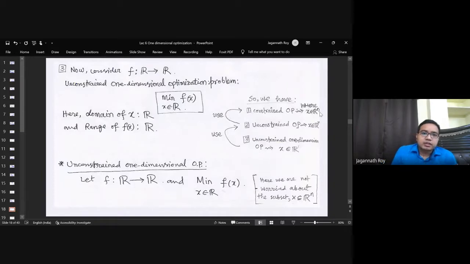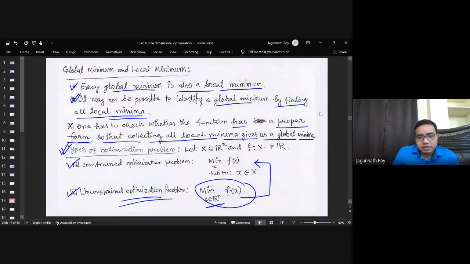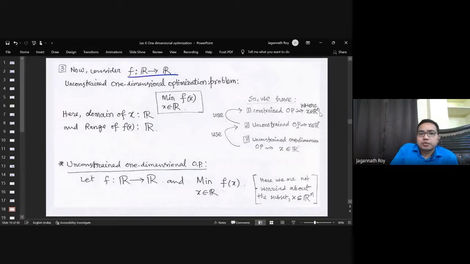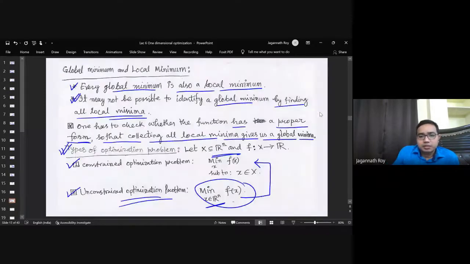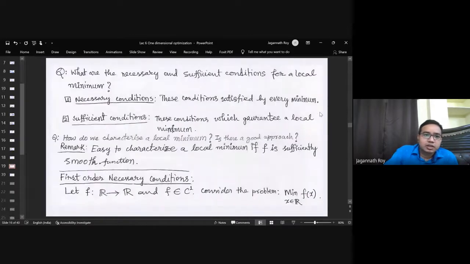Again, for unconstrained optimization, this one was the multivariable case, and this is also a multivariable case. But in order to understand the multivariable case, we need to understand the single variable case also, when f is R to R. This is a groundwork. If you think of this as the first floor, then this is the second floor. So we will focus on the groundwork.